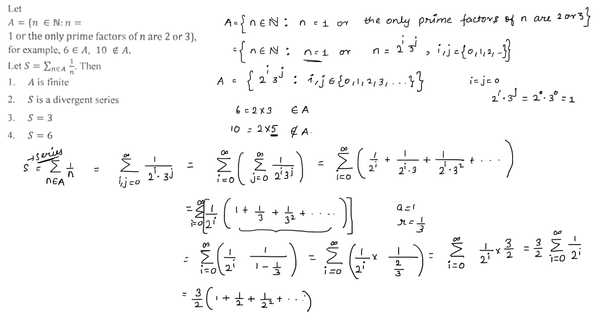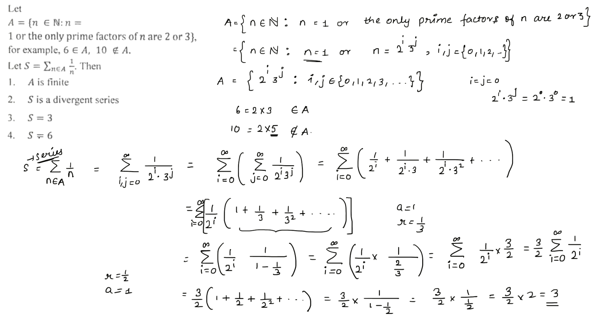Again this is a geometric series with common ratio 1 by 2 and first term 1. So this is equal to 3 by 2 into 1 by 1 minus 1 by 2, that is 3 by 2 into 2, which is equal to 3. So S is equal to 3. The sum of this series is equal to 3.